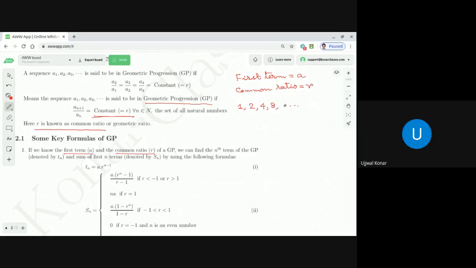In this case, the first term is 1 and the common ratio is 2, correct or not? Yes. And you can get another one: 3, 1, 1 by 3, 1 by 9, and so on. In this case, the first term is equal to 3. Can someone please tell me what is the common ratio?